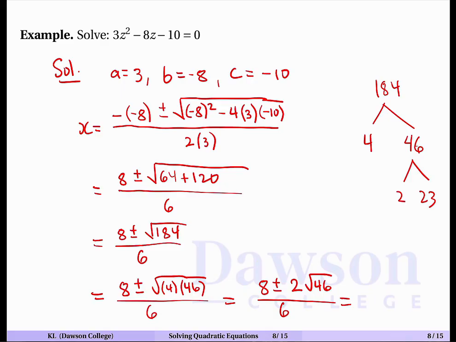Simplifying further, dividing by 2 in everything, we will have 4 plus or minus square root of 46 divided by 3. So you can write the final answer in this form. You don't have to separate the plus part or the minus part. So x equals 4 plus or minus square root of 46 over 3. Okay?